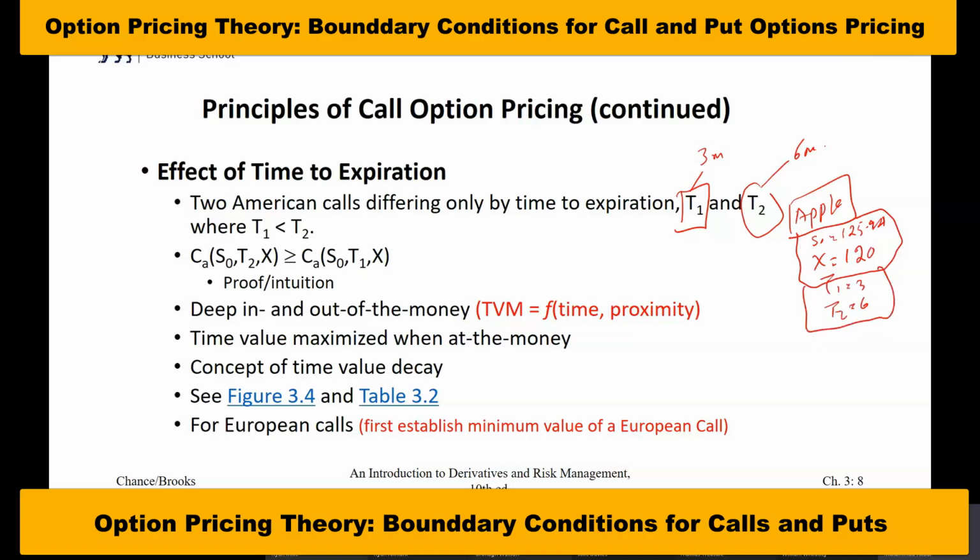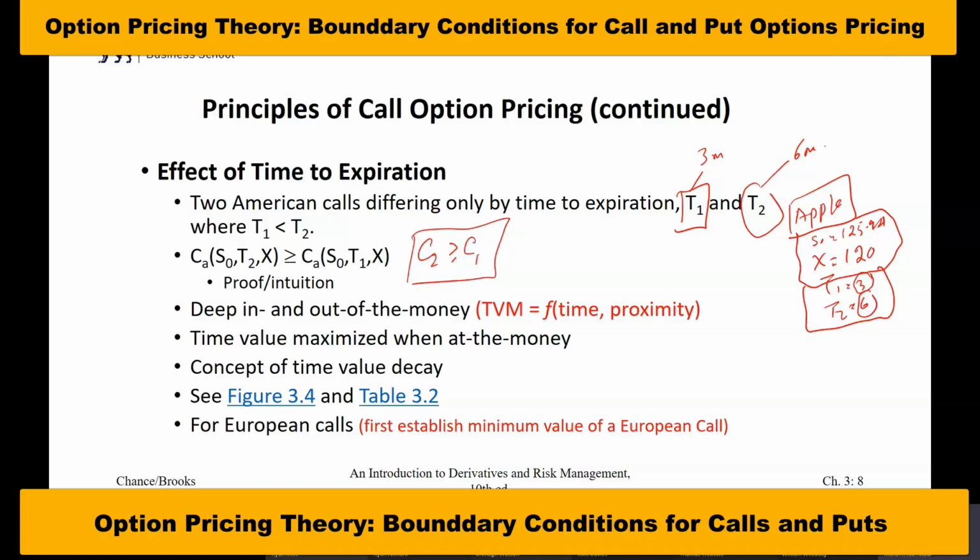So the rule is, as we discussed, that the option with the higher time to expiration will always be priced at a higher price than the option with the lower. So let me call it C2 and this one C1.